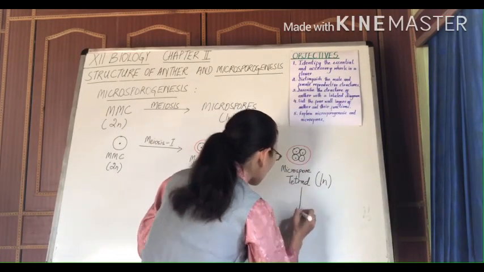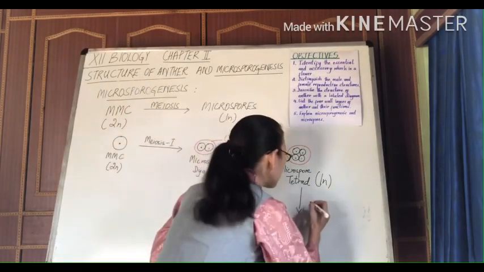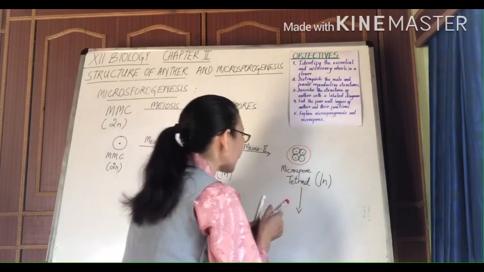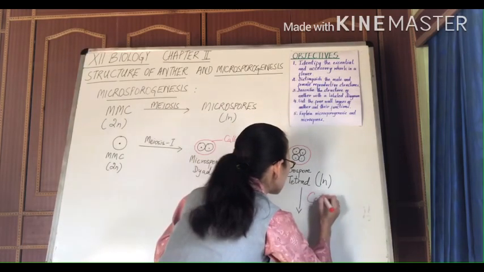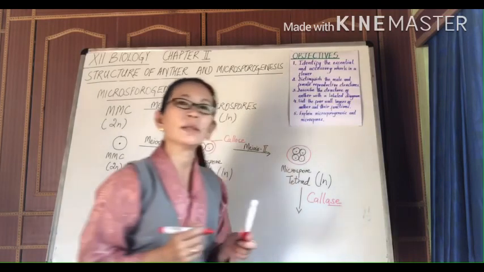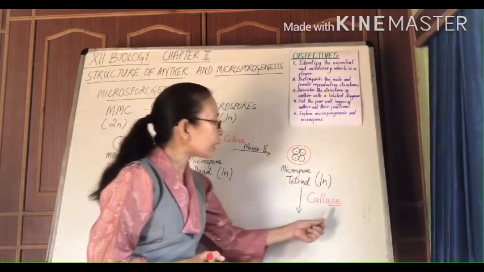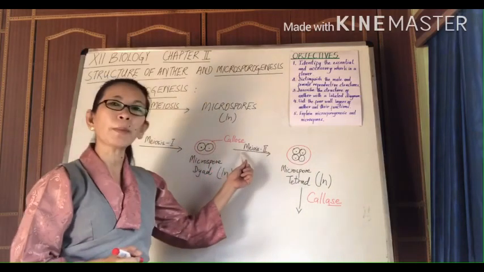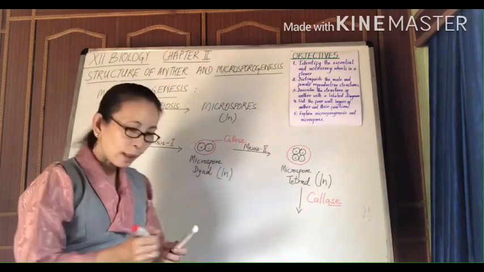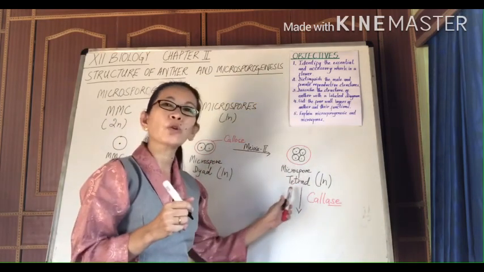This happens with the activity of an enzyme produced from the tapetum, known as callase. So as we know, ase is a common suffix for referring to an enzyme. So callase is the enzyme which breaks down the callose membrane and thereby produces unicellular microspores.